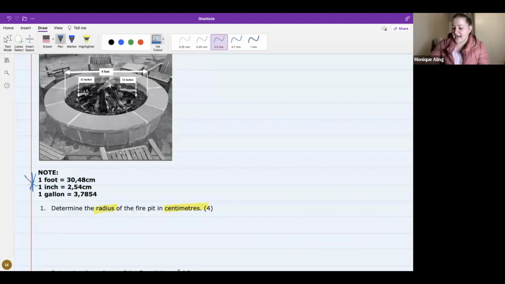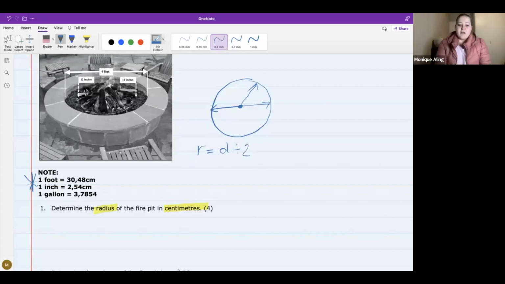Okay, what do they mean by radius? Half of the diameter, thank you. So if we are looking at a circle, because I've seen a lot of papers in my lifetime, we always get confused between radius and diameter. Diameter is from one edge of the circle to the other edge. So radius is from halfway to the edge, half of the diameter. The diameter of this fire pit, however, is 4 feet.